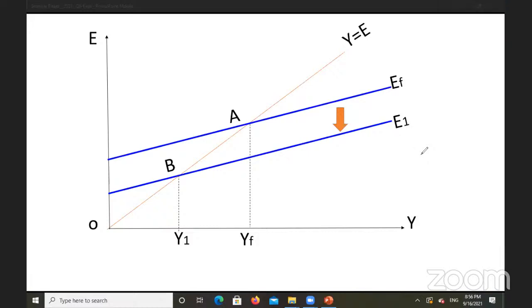They are, first point, increasing government expenditure. Second point, decreasing tax.